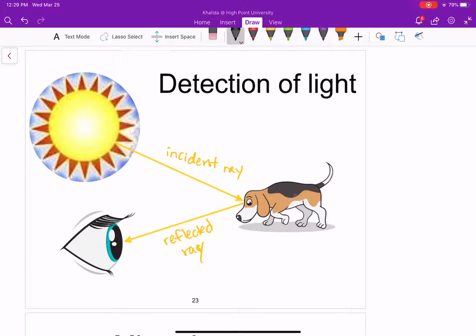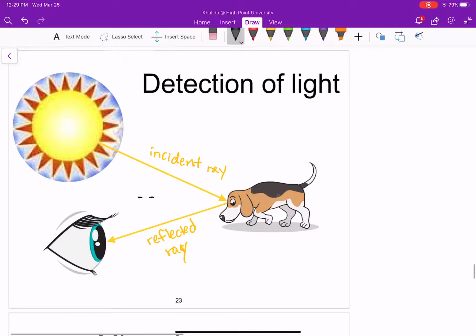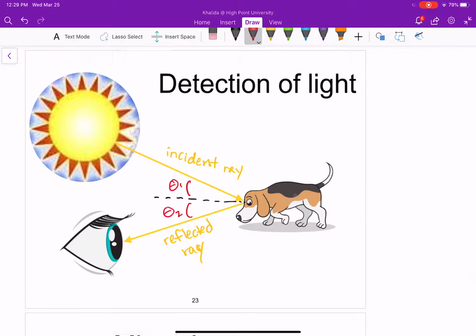And remember, the angle between them is very important, and especially for a reflected ray, the incident angle is always equal to the angle of reflection.